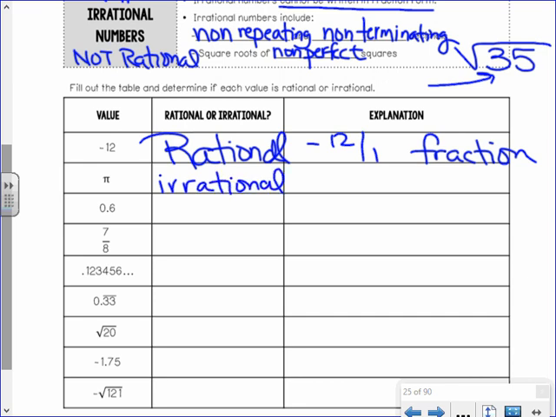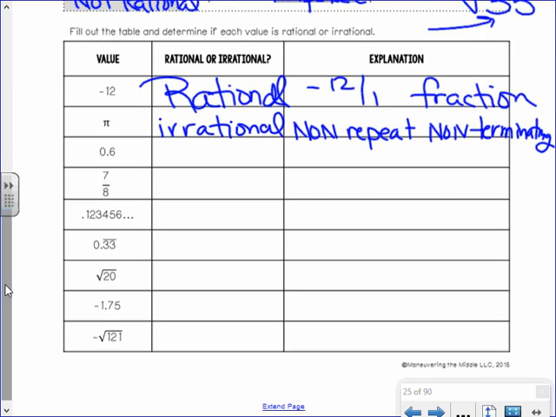What's a good explanation for why a number is irrational? Chloe? It's non-repeating number. Okay. 6/10.